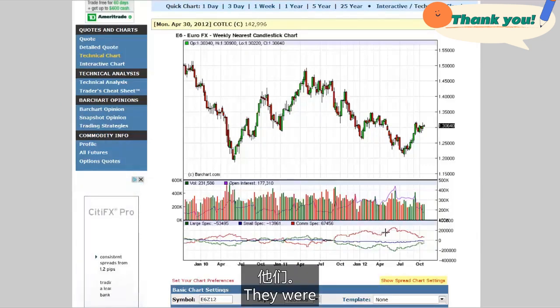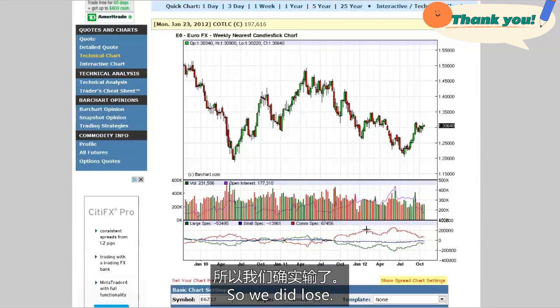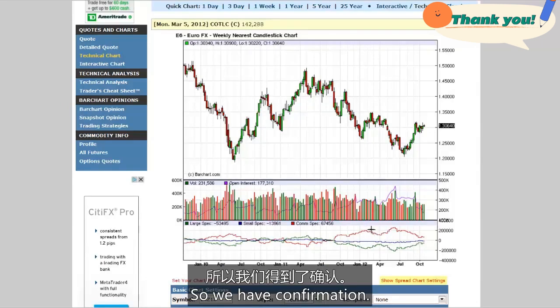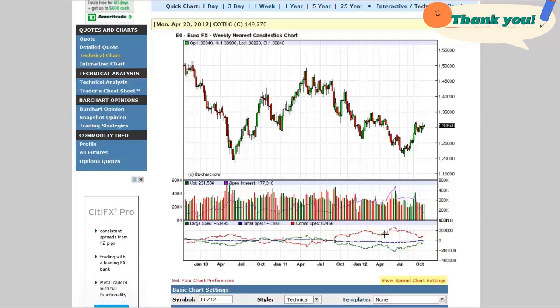They were lessening their longs here going into April, so that's the insight you glean, not necessarily this one here. So we did lose some net longs here, so we have confirmation in that regard, but between April and May, there was nothing to indicate the movement was confirmed between commercials and open interest at that particular moment.